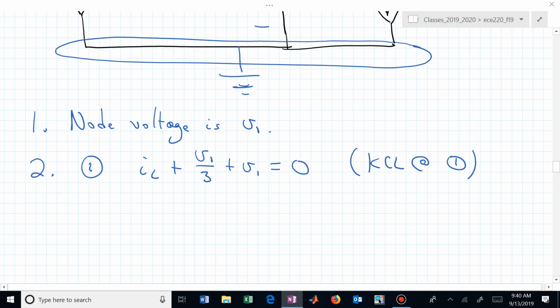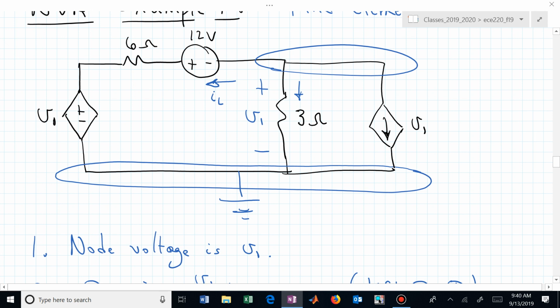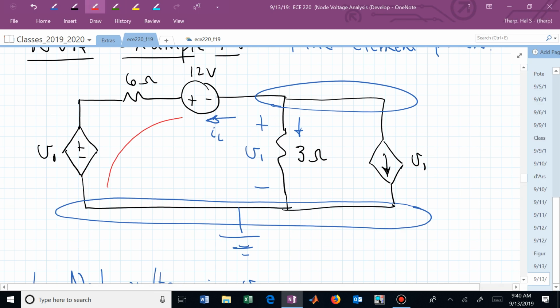Let's now see if KVL is helpful to find I sub L. Can you now write a KVL around there?